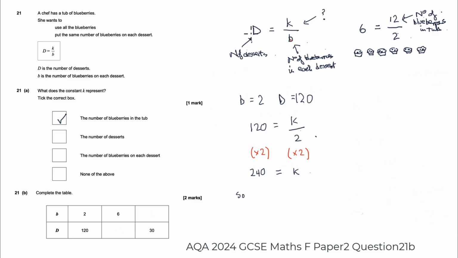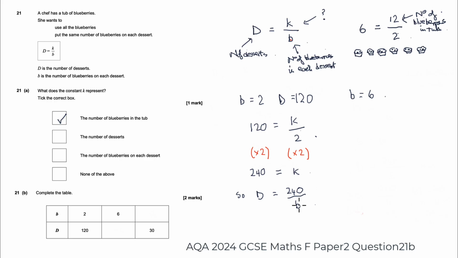So in that formula, we do know a bit more about it. We know that we're starting with a tub with 240 blueberries in it. Well, let's see what part the second column is about. Well, in this case, we know B is equal to 6.